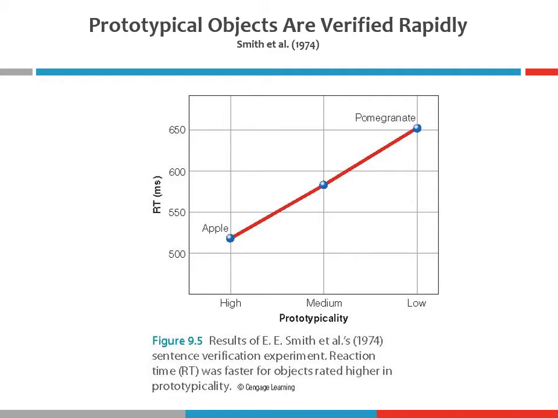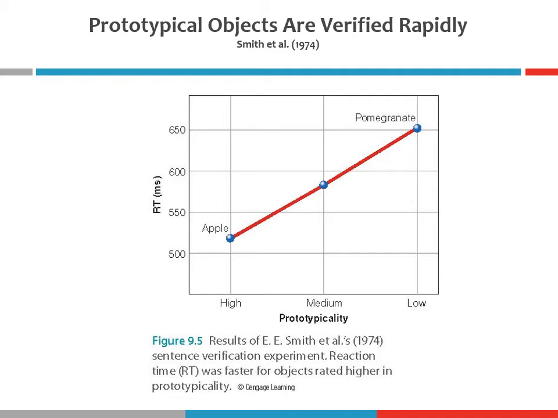And this makes sense. If you think about how categories are represented in the mind according to the prototypicality approach, essentially what you do is compare a new object to the statistical average that you've computed.